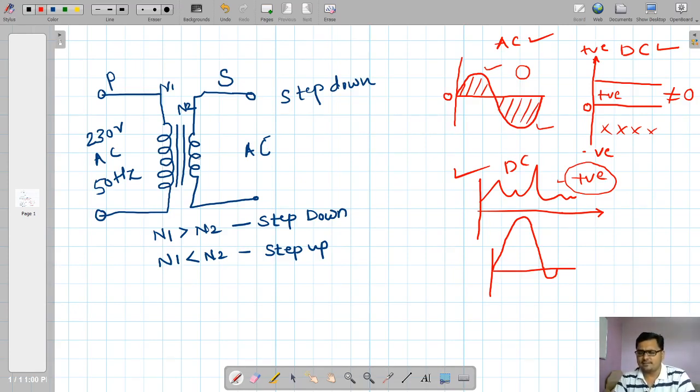But by observation, I can tell you that this positive half cycle is not equal to the negative half cycle with respect to time. And look at the area. It means for that signal also, the average value is not equal to 0. So if the average value is not equal to 0, then yes, it is a DC signal.